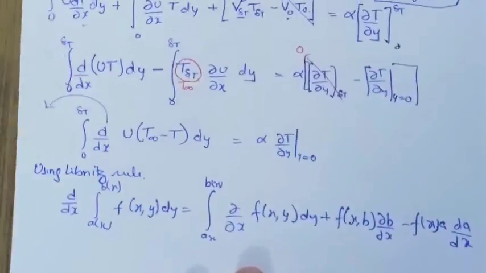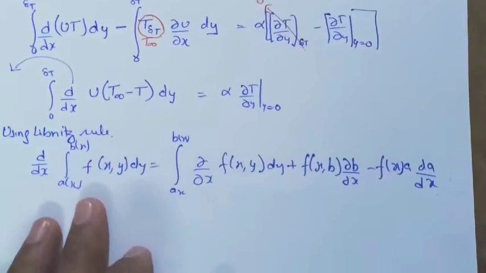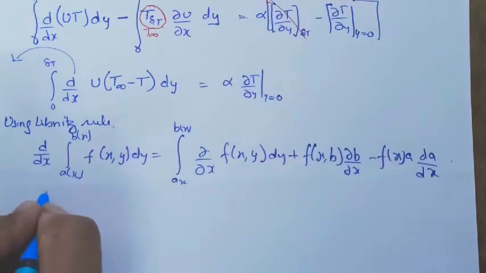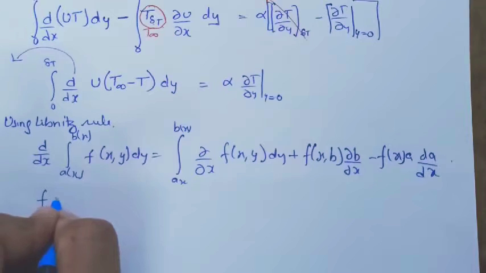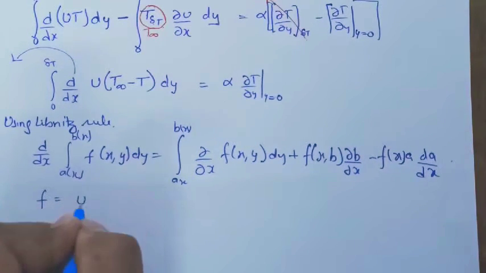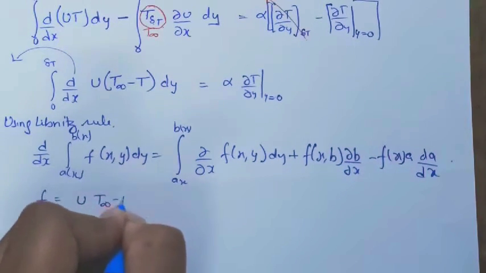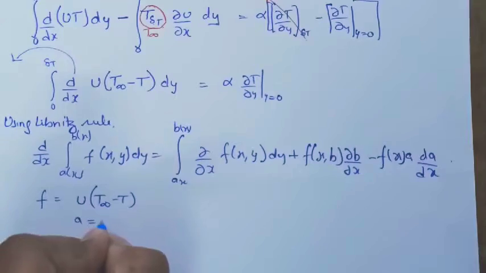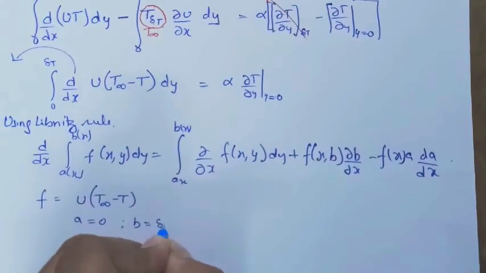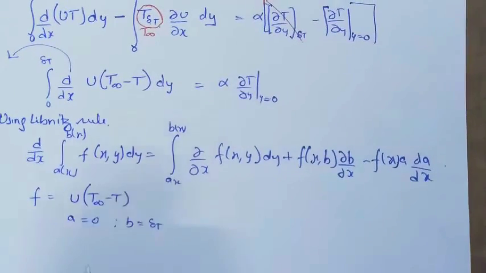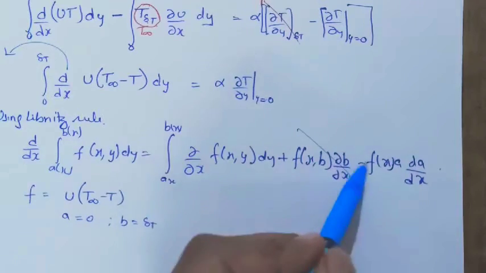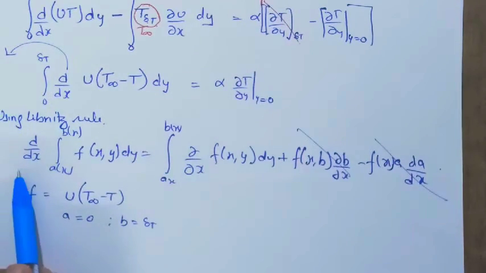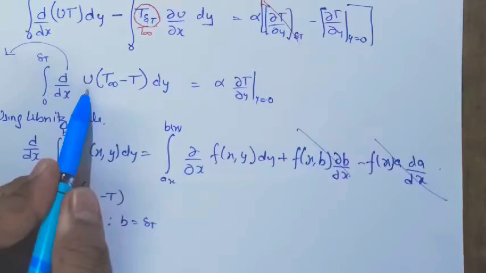Now in this case, if you see, your function is u into T minus T infinity, where a is 0 and b is delta T. So by putting these values here, these will be 0, so we can easily take the differentiation out of this function, right?